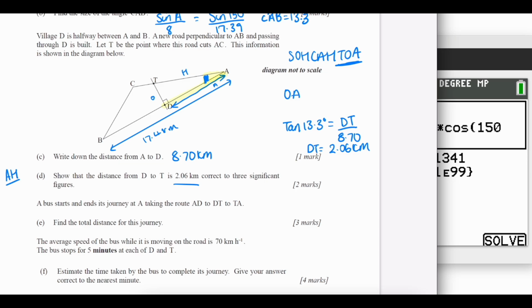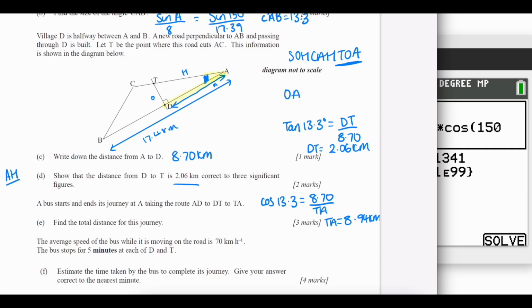So cos of 13.3, which is the angle, is equal to the adjacent, which is 8.70, over the hypotenuse, which is what I'm trying to find, which is distance TA. And if you type that into your numeric solver, you'll find that distance TA is 8.94 kilometers.